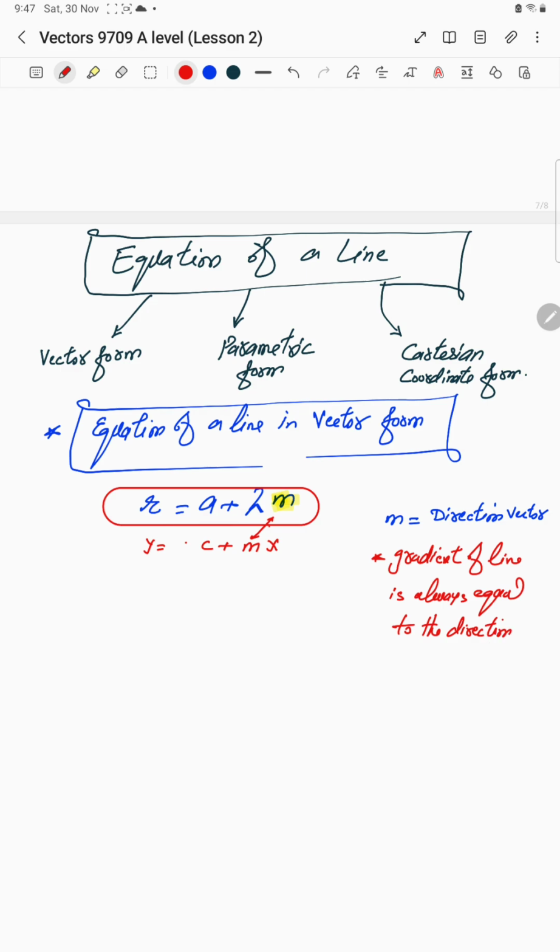Your gradient tells us a direction, right? So this is a bit of extra information.